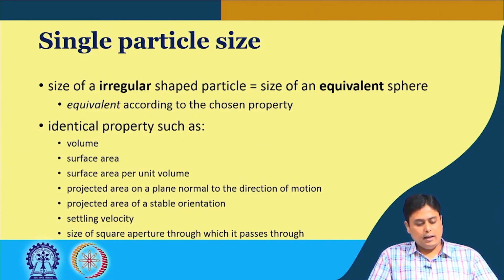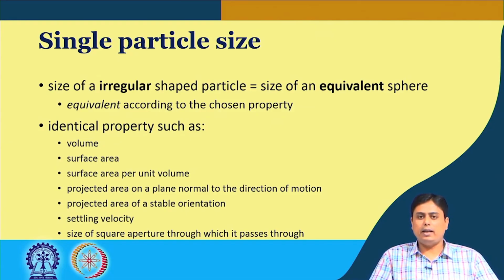The point is the settling velocity: when a particle is trying to settle through a pool of liquid, it attains a velocity. If you equate that velocity with the equivalent sphere and then determine the diameter of that sphere, you get a size of an irregular shaped particle having identical settling velocity.